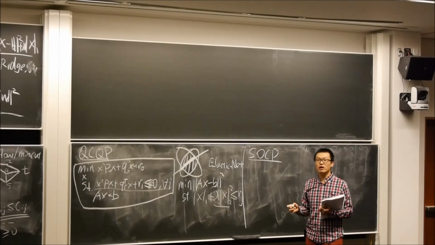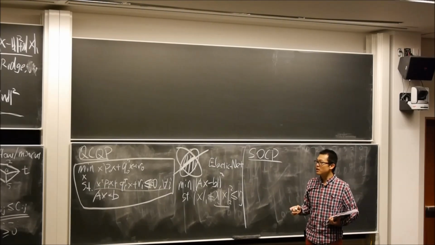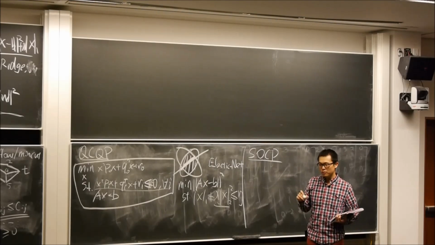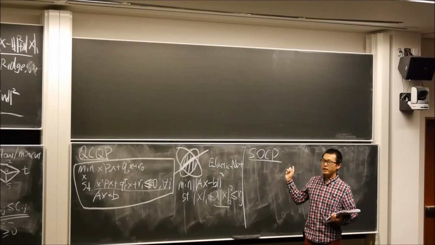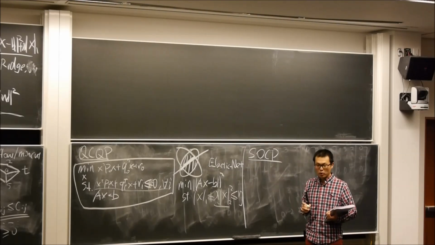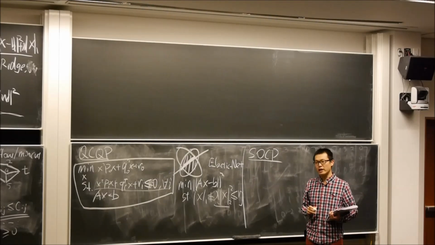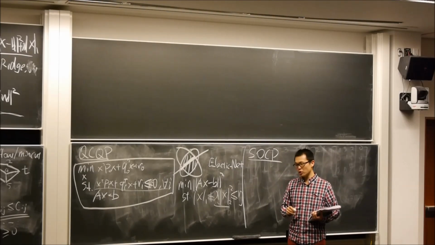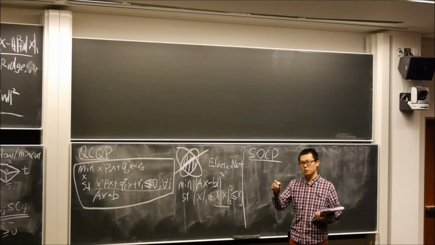Speaking of computational complexity, most of these optimization programs have polynomial time solvable algorithms, but they usually exclude some special cases. And although it's polynomial time, the exponent is usually quite bad.